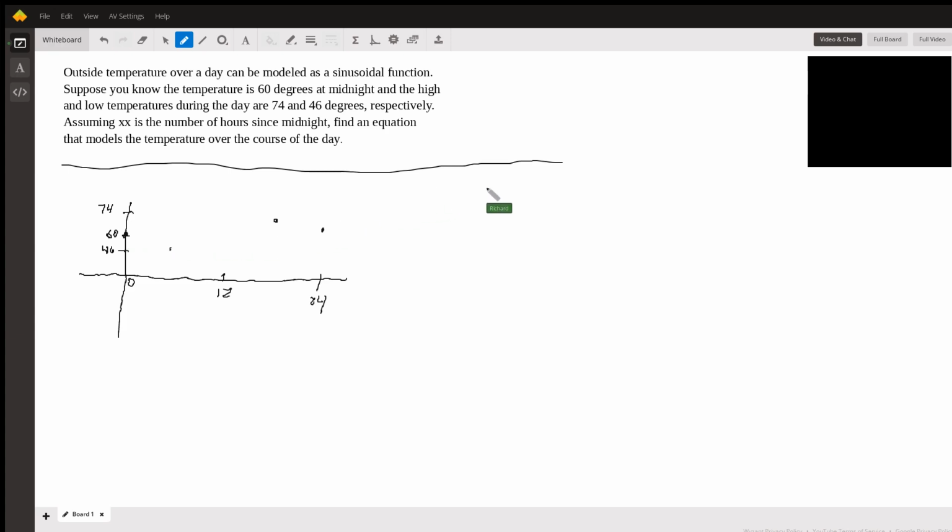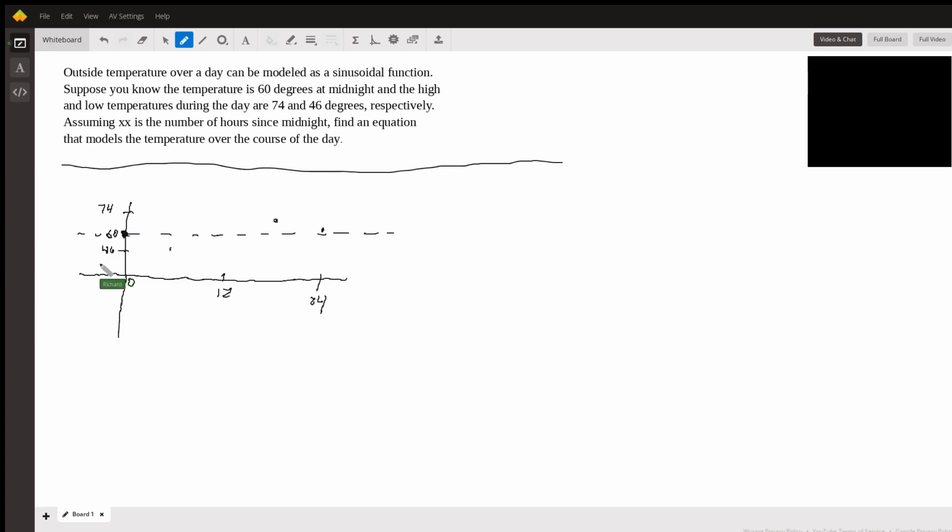So the range is 28, so 28 over 2 is 14. So 46 plus 14 is 60. So that is the midline, because it's halfway between the high and the low.